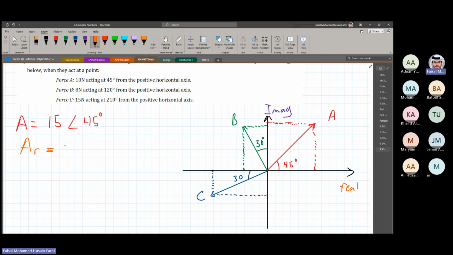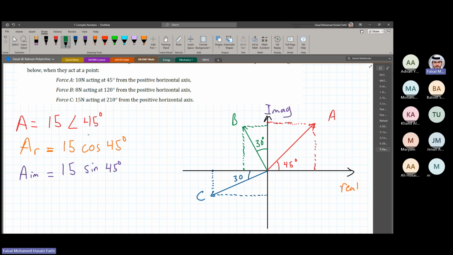For the real, it's going to be R, which is 15, cosine 45 degrees. For the imaginary, A imaginary, it's going to be 15 sine, which is opposite, which is imaginary, 45 degrees.